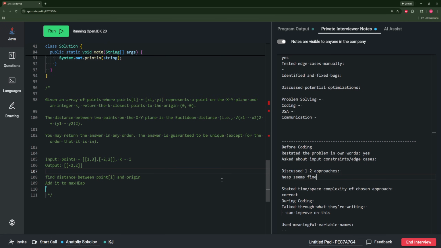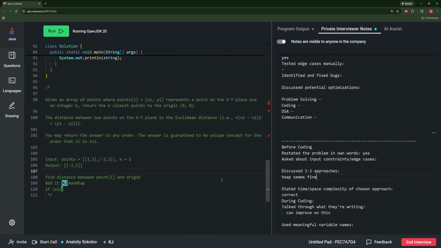So the maximum value would be basically at the root. And I also check the size of my heap.